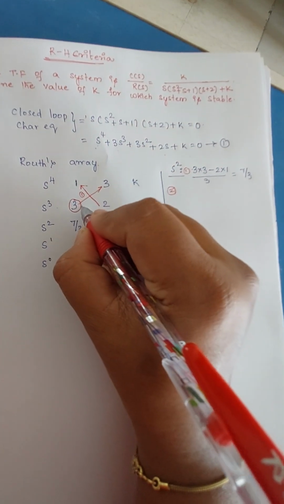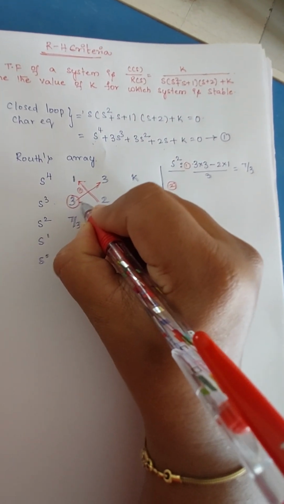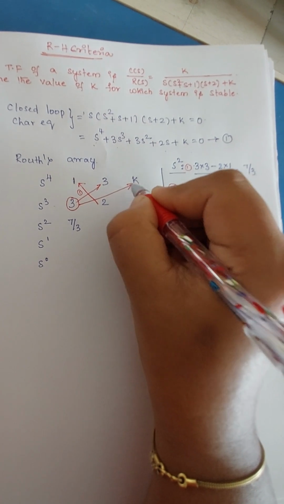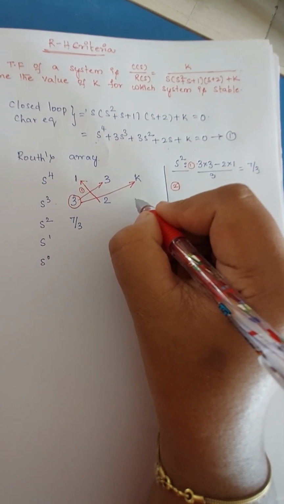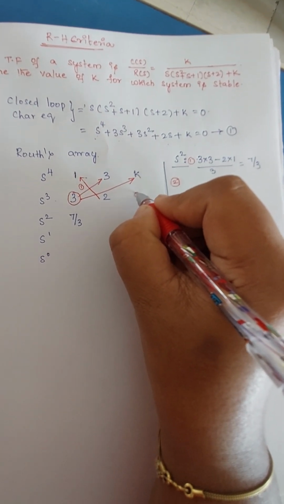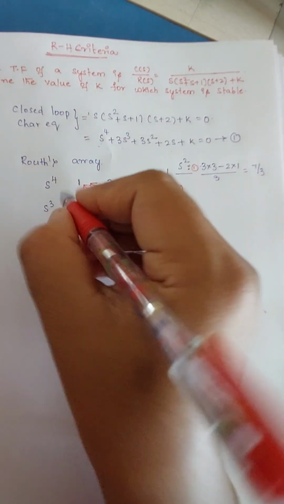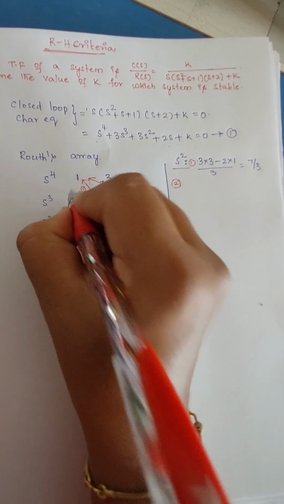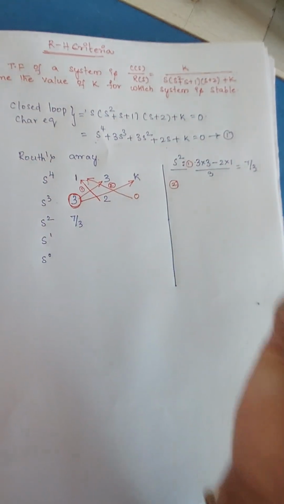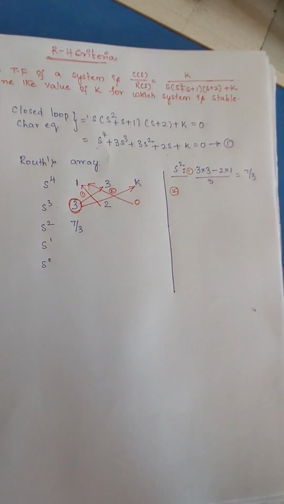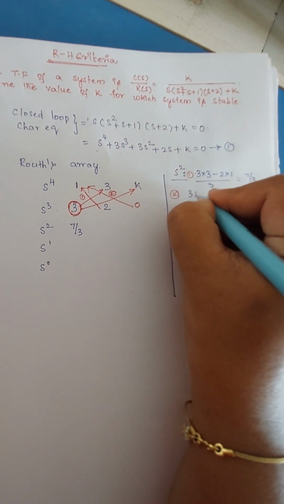The second term is going to be formulated such that 3 into k, and if we don't have any element here, we have to assume a term 0. So 0 into 1 divided by the same term 3. So this will become the second term.